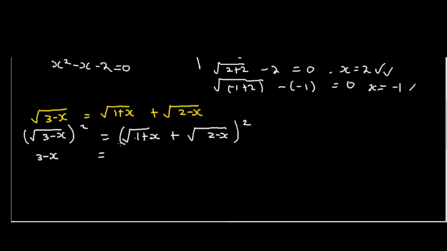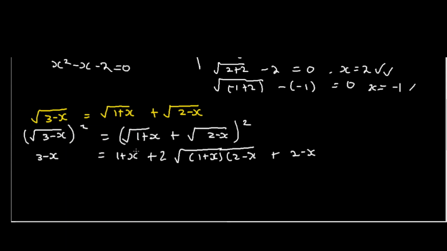So when we square this, we shall have 1 plus x plus 2 times the square root of this and that, and then that will be the same as the square root of 1 plus x, multiplied by 2 minus x, plus this squared, which gives 2 minus x.